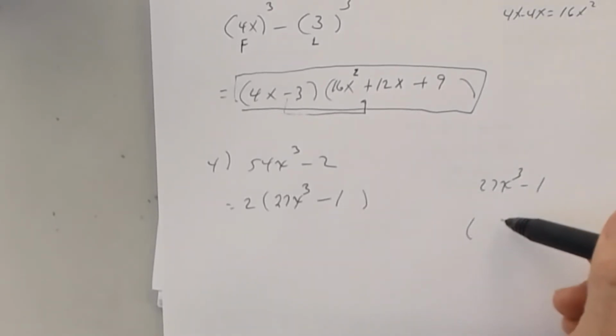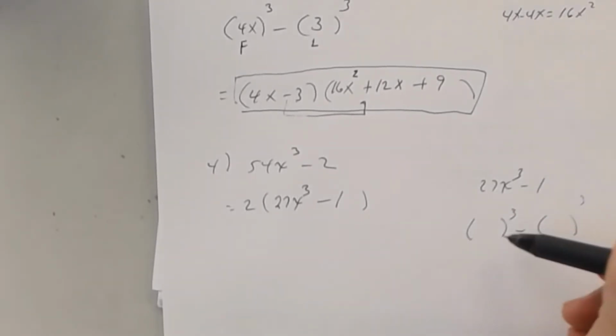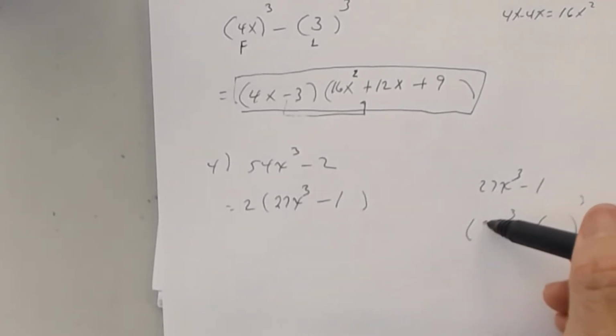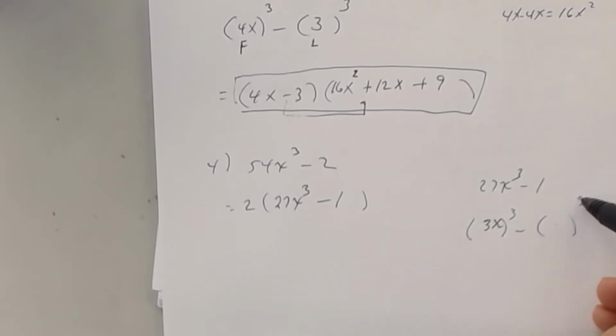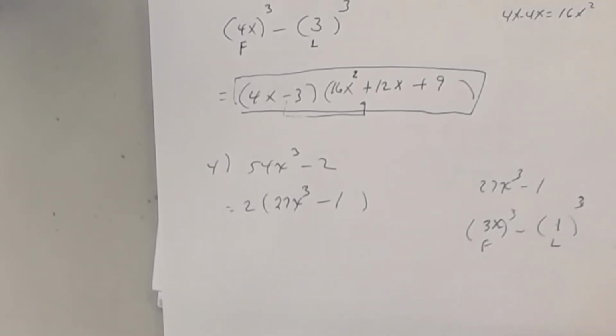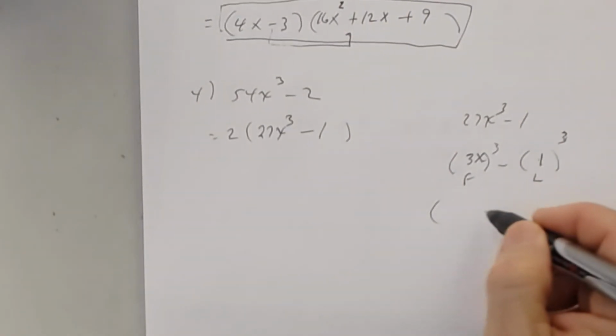It is. Good. Because I know, using the work, that 3x cubed is 27x cubed, and 1 cubed is 1. So I found my F and I found my L. So 3x will be your F and then 1 will be your L. So now I know what my binomial is.